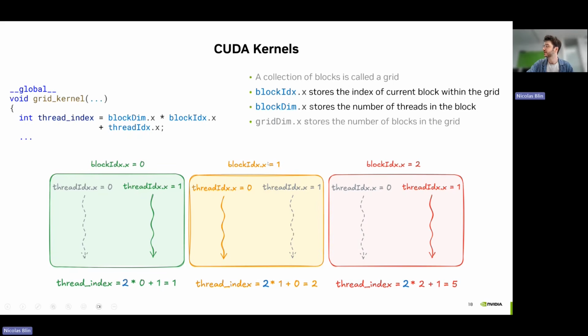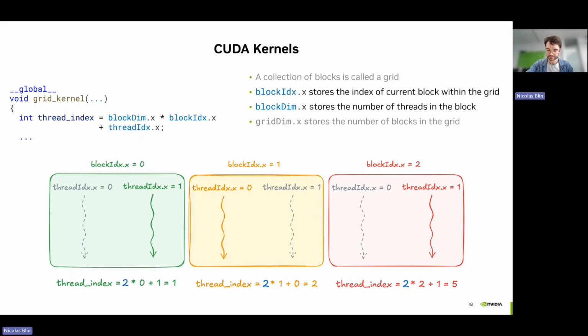All the threads in this other block will all have the blockIdx of 1, etc. And so to calculate the thread global index, we multiply the blockIdx, so what's the index of my blocks, and we multiply that by the length of my block. And this way, we know what's the offset we have to take to arrive on the correct block. And once we are there, we just need to add what's my local thread ID. So here, threadIdx.x.